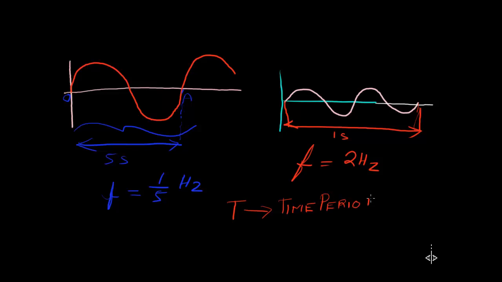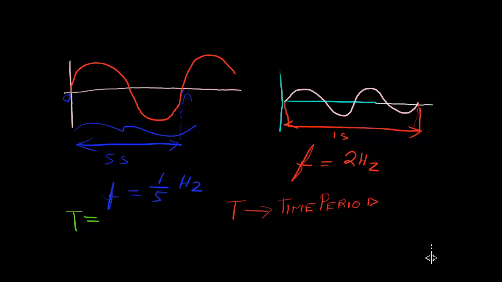Now let us go back to these two examples. Here, as we can see in the first wave, one complete cycle from O to A takes 5 seconds. That means the time period here at this point is what? 5 seconds for one complete oscillation?